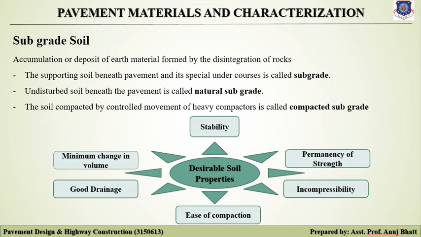So subgrade soil is of two kinds, natural subgrade, sometimes a kind of earthwork, and compacted subgrade, that is formed by different heavy compactors and their controlled movements.